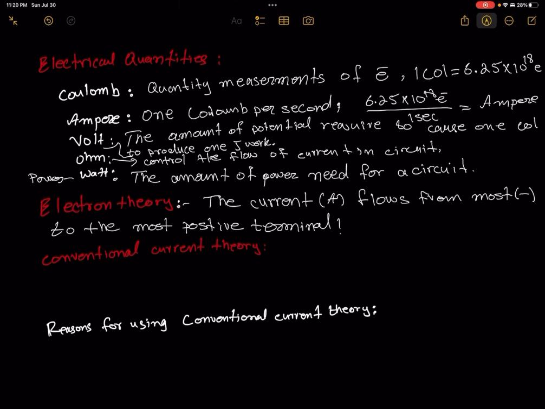The electron theory states again, the current or the amperage flows from the most negative to the most positive terminal.